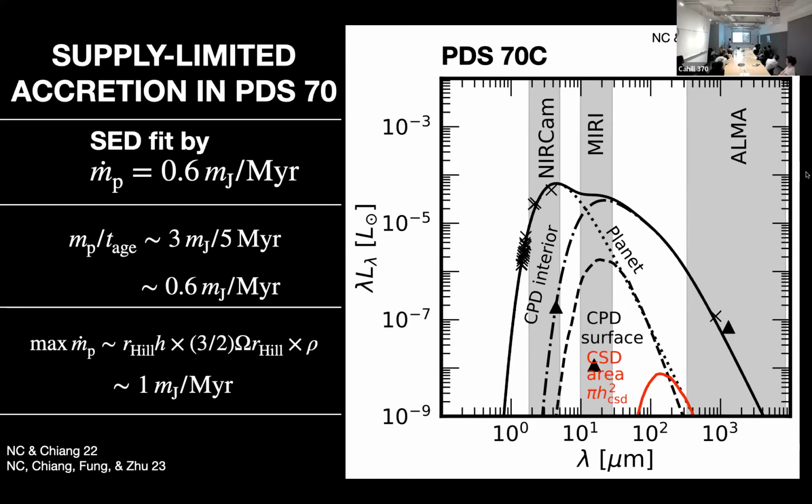The m dot going into all of this, the solid black curve, is 0.6 Jupiter masses per million years. You can compare that to your most naive guess for what the accretion rate should be, which is m over t. The planet mass is 3 Jupiter masses, the age of the disk is 5 million years, so 3 divided by 5 is also nicely 0.6. So your simplest guess for the accretion rate actually works to fit the SED.